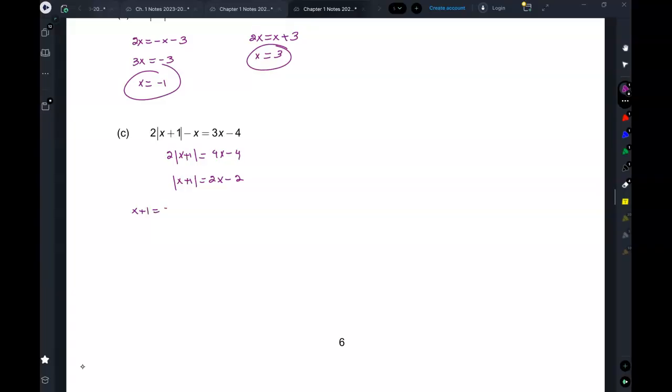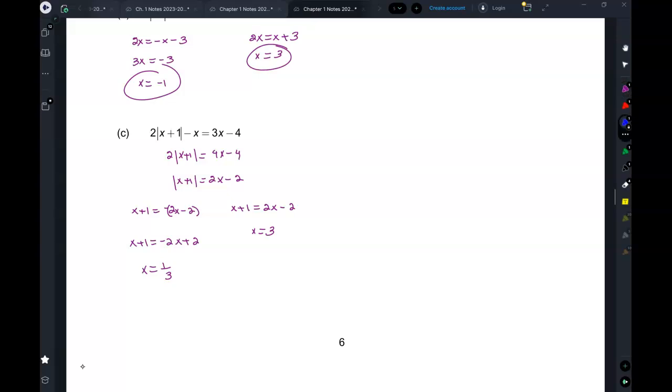X plus 1 is equal to negative 2x minus 2. X plus 1 is equal to 2x minus 2. So here, x plus 1 is negative 2x plus 2. When you solve, you get that x is equal to 1/3. Here, you get that x is equal to 3.